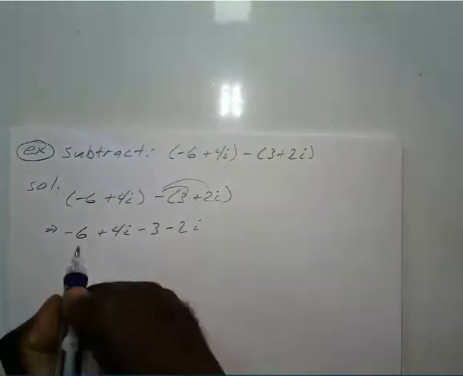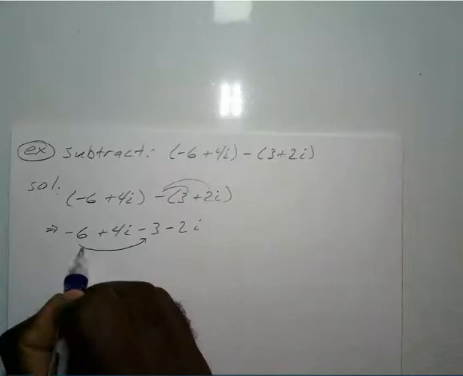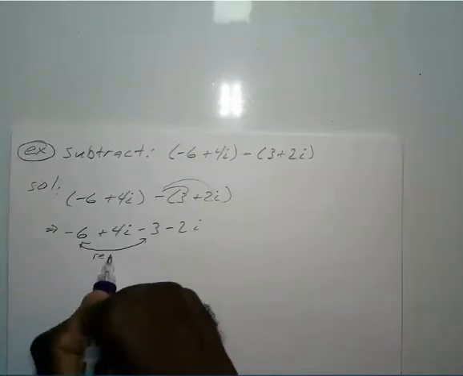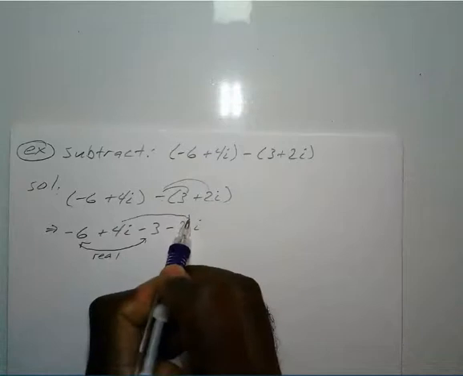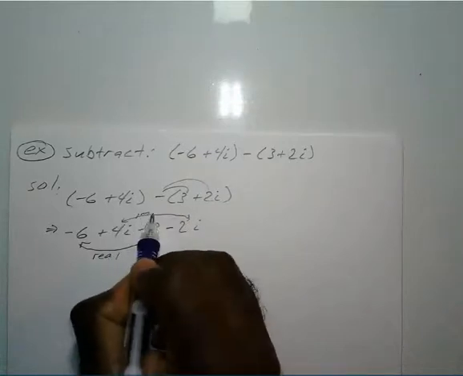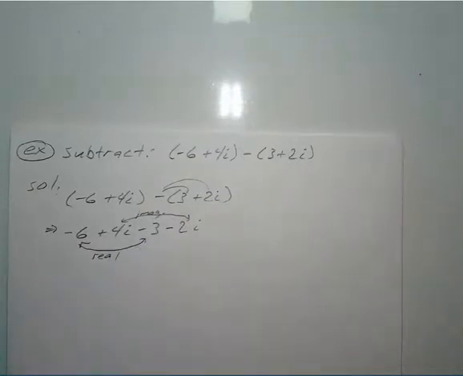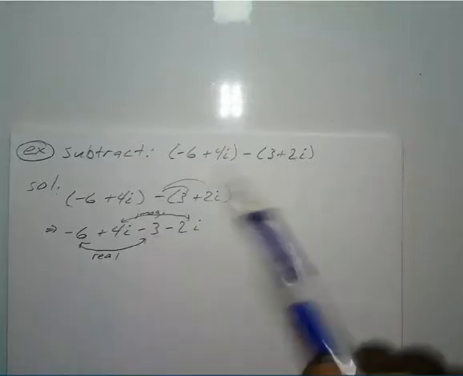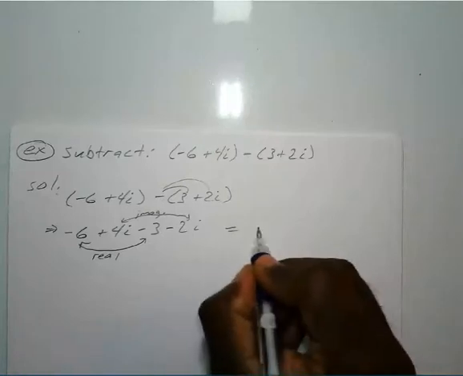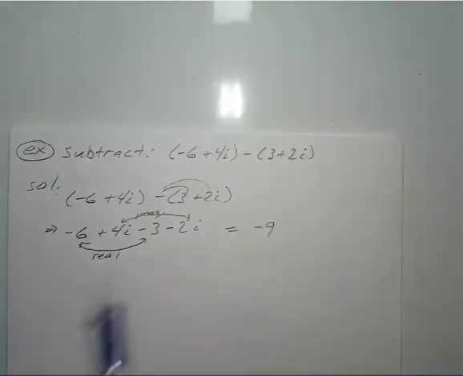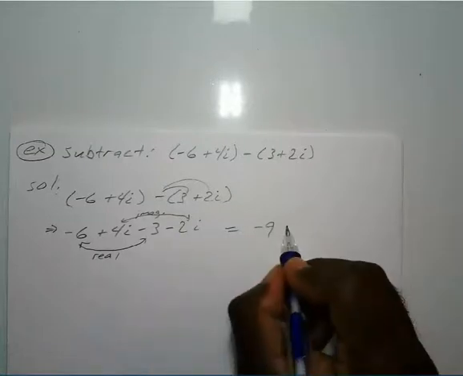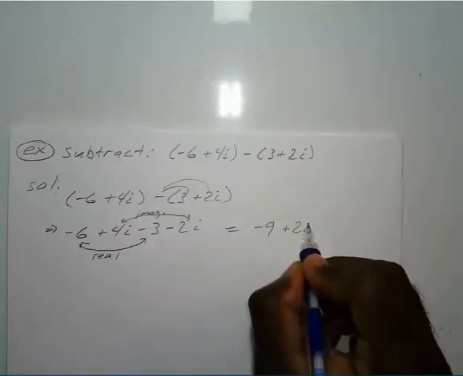Now once we get rid of our parentheses, we have our real parts and our imaginary parts. So we combine our real parts: negative 6 plus negative 3 equals negative 9, and 4i minus 2i is positive 2i.